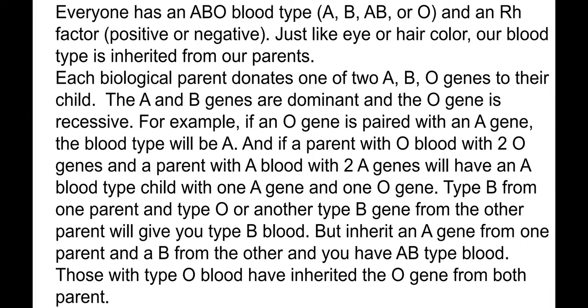So let's say one parent has a combination of two O genes and has blood type O. It means no marking proteins.